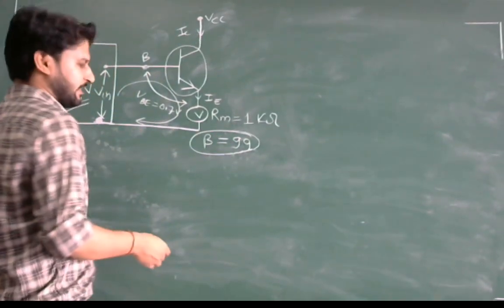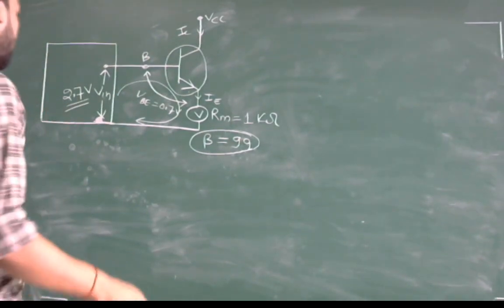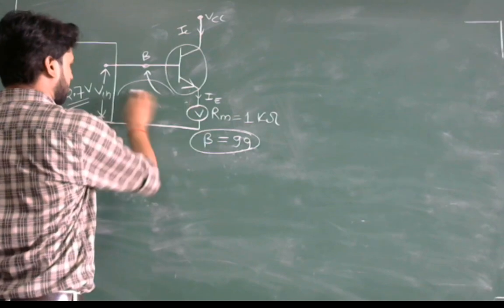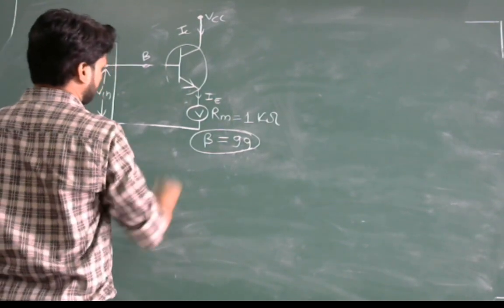We have to calculate the value of the voltage across the voltmeter when an input voltage of 2.7 volt is applied across the terminals.